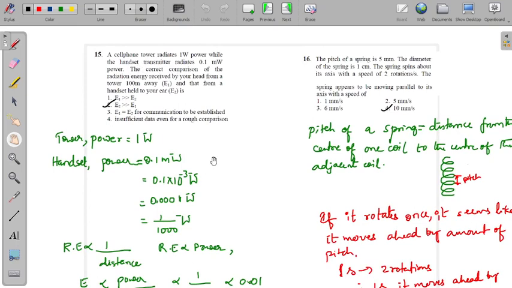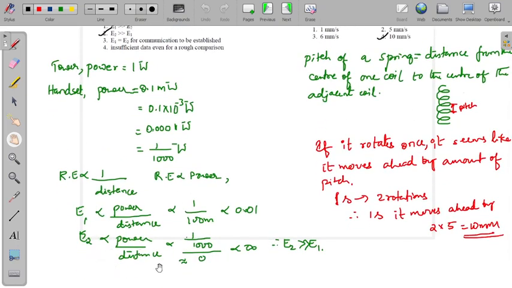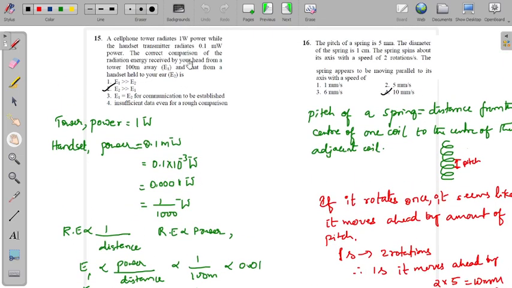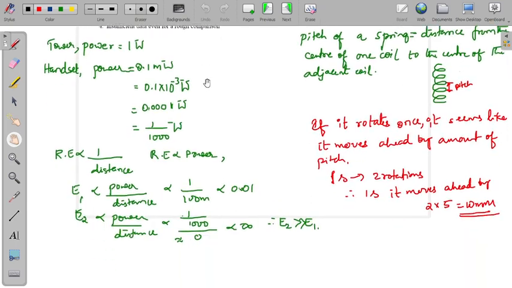Power by distance for a handset transmitter. The distance is approximately, you can take it very close to 0, because you are holding it near the ear, means it is directly connected to the head, held to your ear. The radiation is received by your head, it's very close to the head.